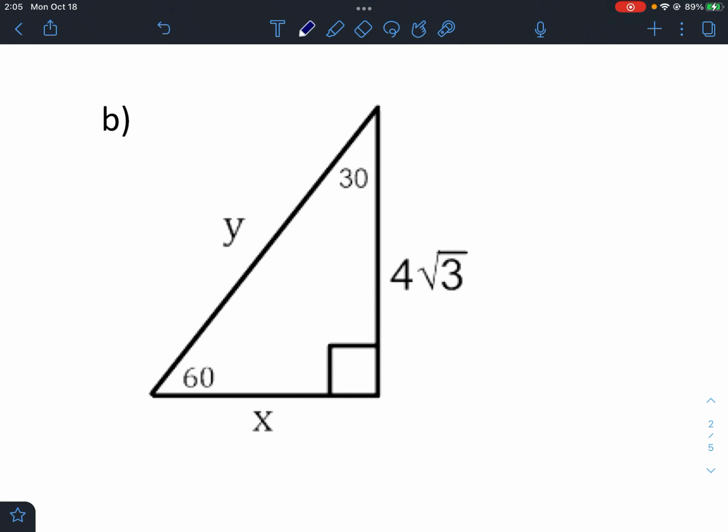The second one here, we are given that this side over here is 60. Across from 60 is 4 root 3. So across from 60, we know that is W root 3. Across from 30 is W, across from 90 is 2W.